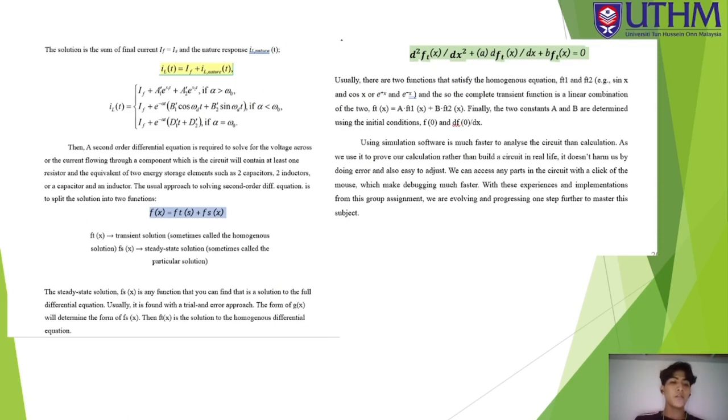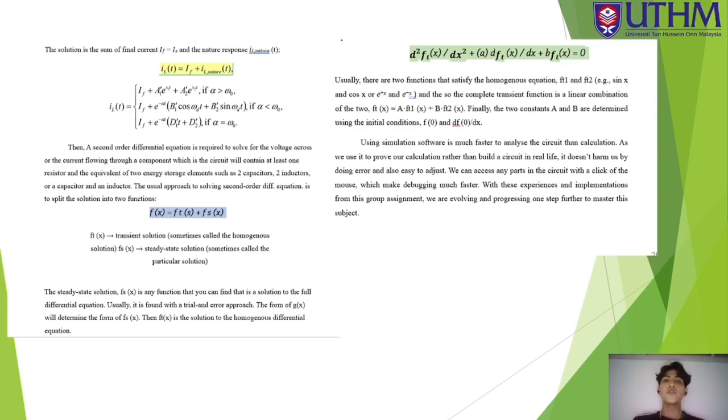Then, ft(t) is the solution to the homogeneous differential equation, and the formula is d squared ft(t) over dt squared plus a times dft(t) over dt plus b times ft(t) equal to 0.